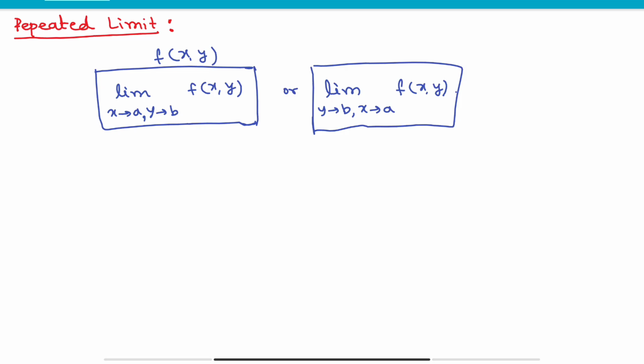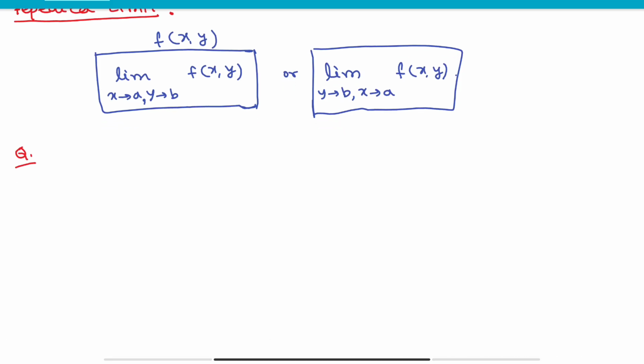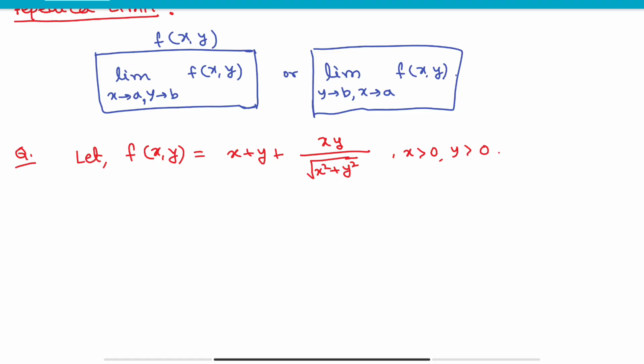For example, let's write a question. Let f of x, y be equal to x plus y plus xy divided by root over x square plus y square, where x greater than 0, y greater than 0.